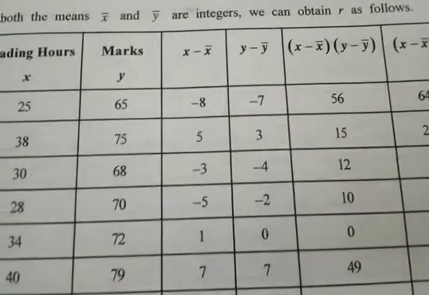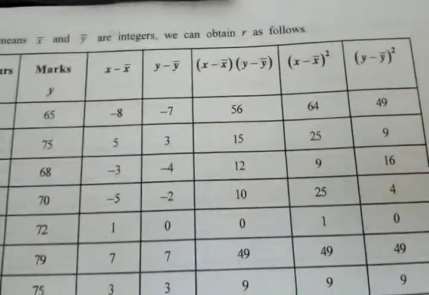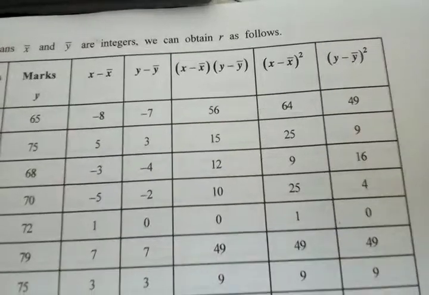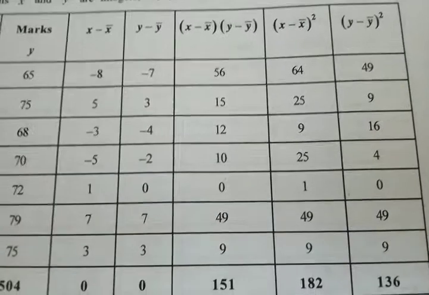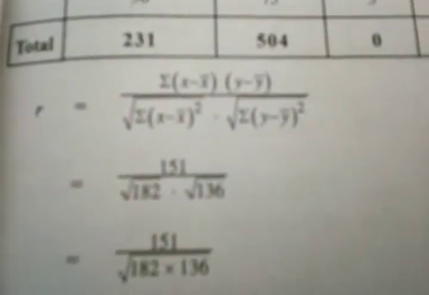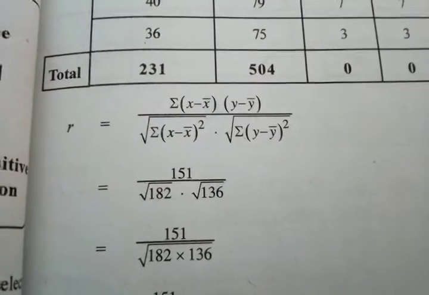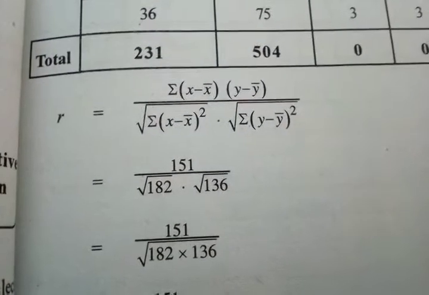Then x minus x bar and y minus y bar are located, then x minus x bar the whole squared and y minus y bar the whole squared. These are the 5 columns required to work out sums on linear correlation by this method, and we find the summation of all of these. Then we just apply the formula: sigma x minus x bar into y minus y bar upon the square root of sigma x minus x bar the whole squared into the square root of sigma y minus y bar the whole squared.